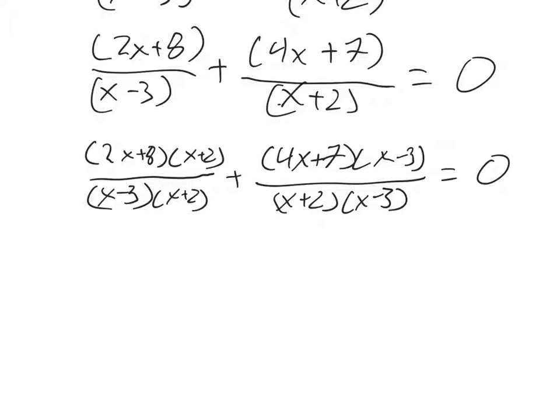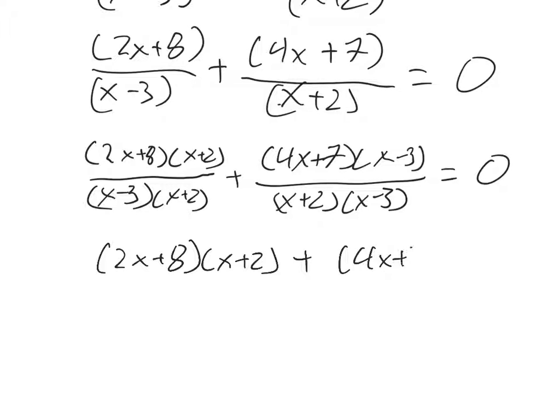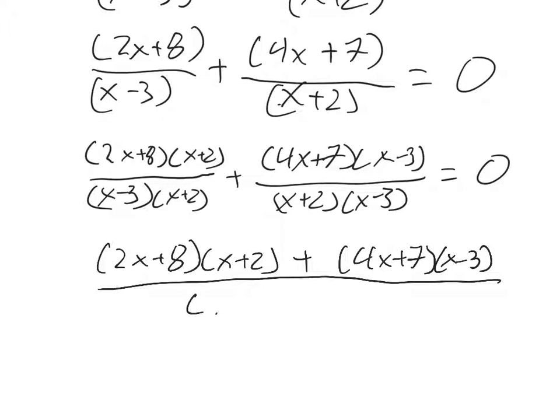So I can now take, I'll still have this 2x plus 8 times x plus 2, I haven't multiplied them out yet, and then plus 4x plus 7 times x minus 3. And this whole thing is now over x plus 2 times x minus 3, right? And then, again, still equal to 0.